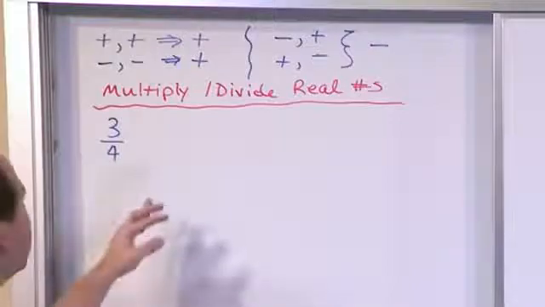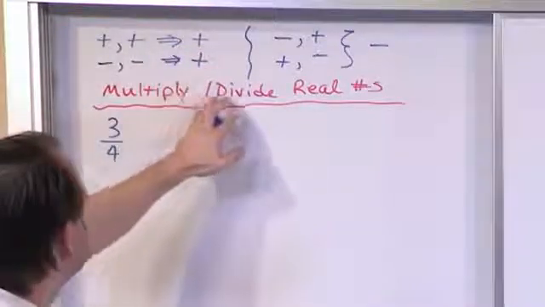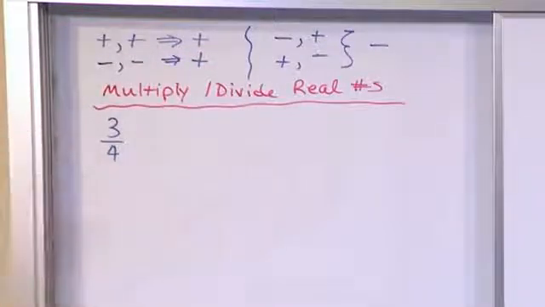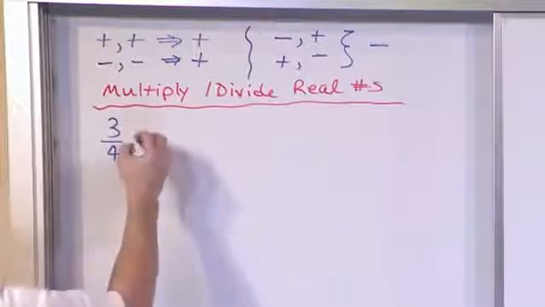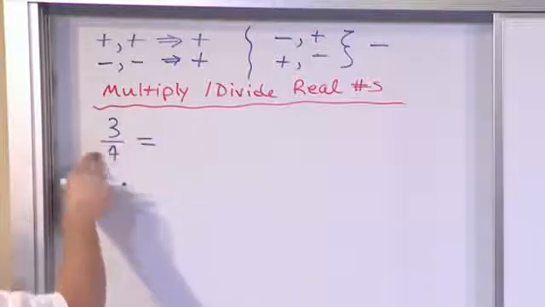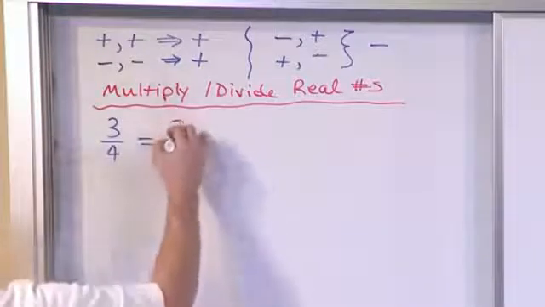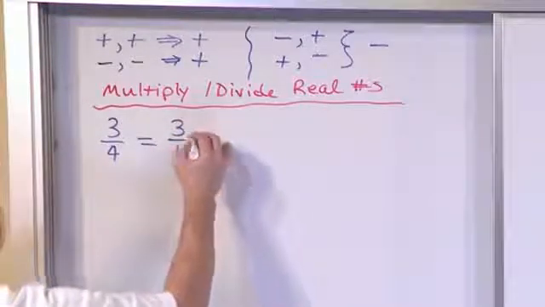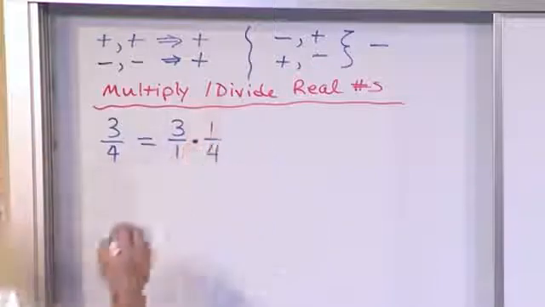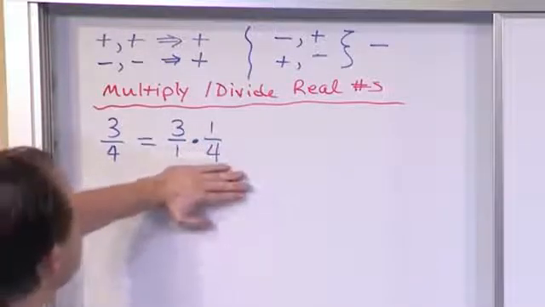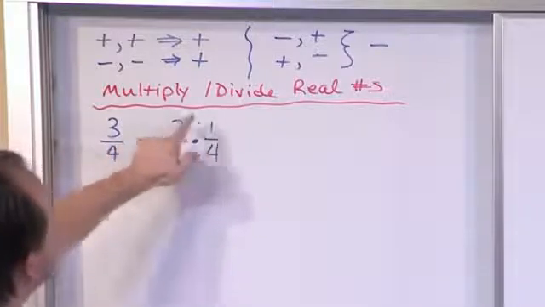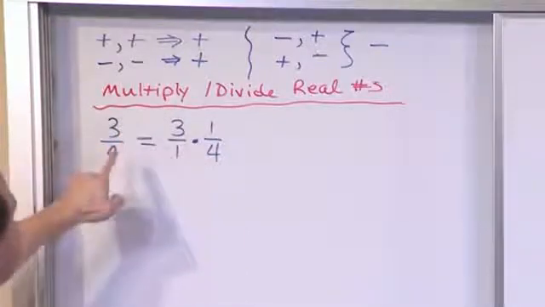Some students might say, why do the same rules apply to multiplication and also to division? Well, it's because multiplication and division are really kind of the same thing. When you think about it, this is a fraction, but I can rewrite it as 3/1 times 1/4. Wouldn't you all agree? We know how to multiply fractions, so how would we do this? 3 times 1 gives me 3, 1 times 4 gives me 4.